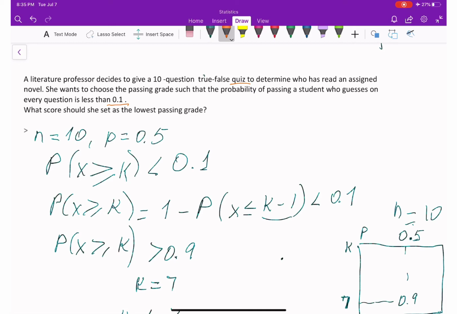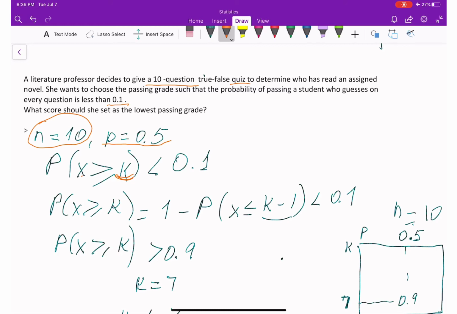So let's see what we have. 10 questions, true, false, here it is. N is equal to 10. So if it's true, false, that means the probability of success is going to be 50-50, right? Okay. So we need to find this K, meaning how many questions. What's the passing grade? So K is our passing grade.